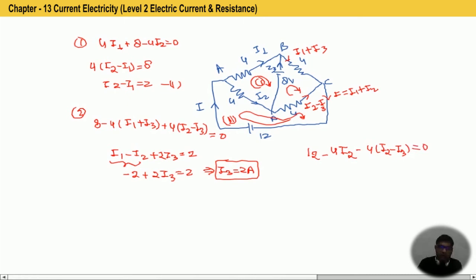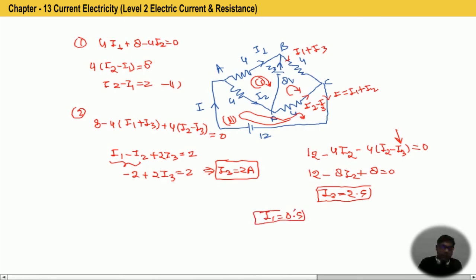We already have the value of I3, so we can write 12 minus 8I2 plus 8 equals 0. Here we are substituting I3 equals 2 amps. From here we get I2 equals 2.5. From equation 1, I2 minus I1 equals 2, so we may write I1 equals 0.5.